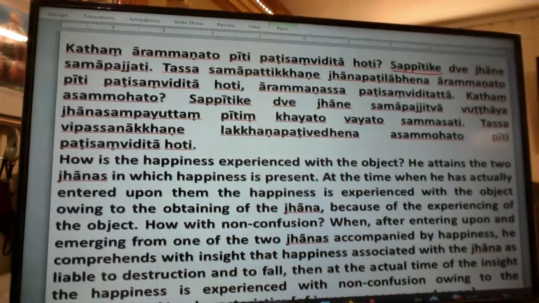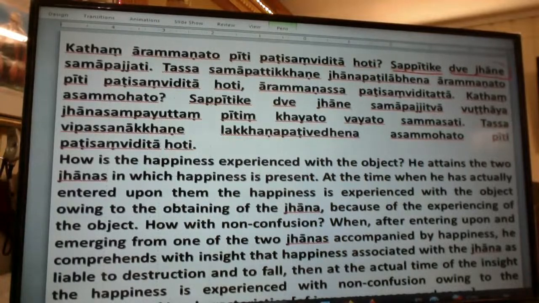Sapitike. Sa is together, saha, together. Piti is joy and happiness. Sapitike means with the piti, with the joy, with the happiness.